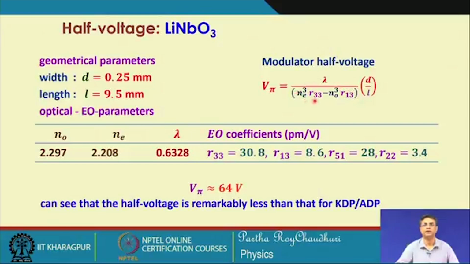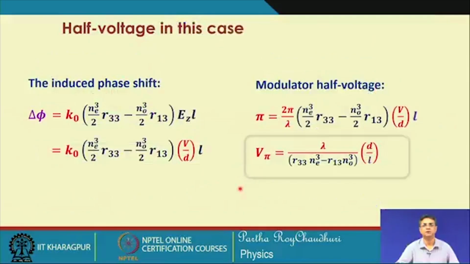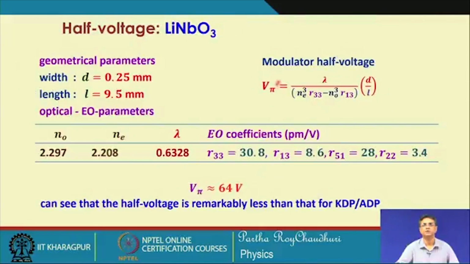So, if you plug in the values of R33 and R13, d and L, and use this equation, you get a half-wave voltage of the order of 64 volt, which is remarkably less than that of our KDP or ADP.